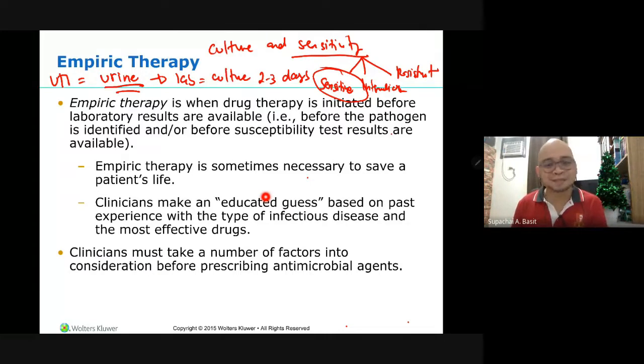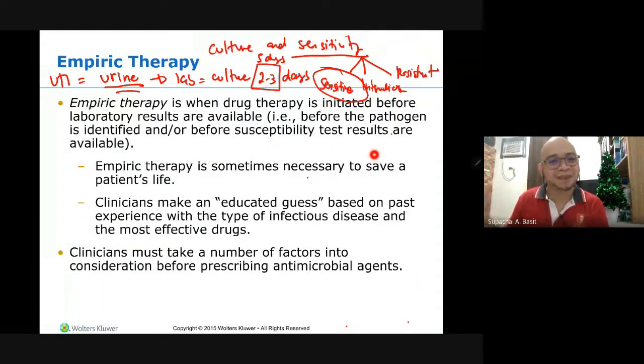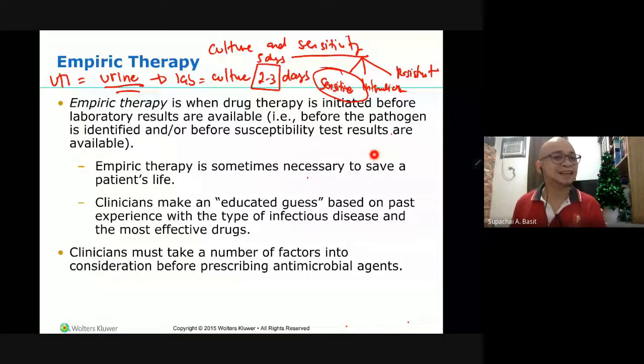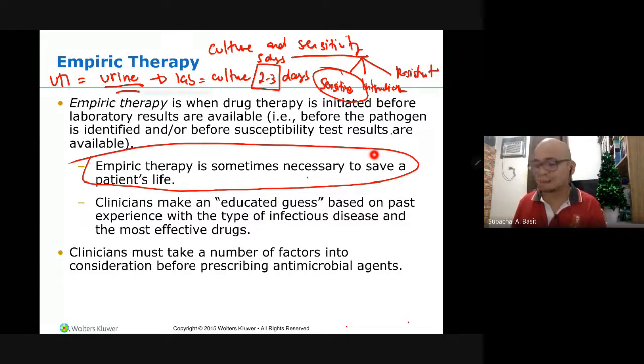Because sometimes clinicians cannot wait for 2 to 3 days, or sa pagminsan pa nga, umaabot pa ng 5 days or 7 days before the culture and sensitivity results are actually released. It will take days. Okay? So sometimes a physician cannot wait for that, because empiric therapy is sometimes necessary to save a patient's life.